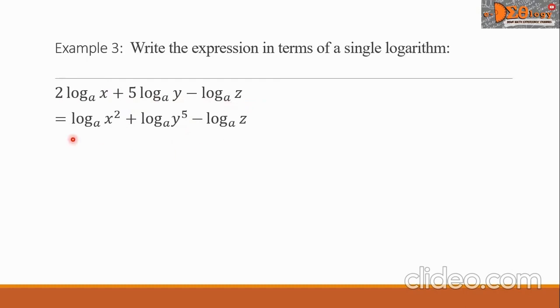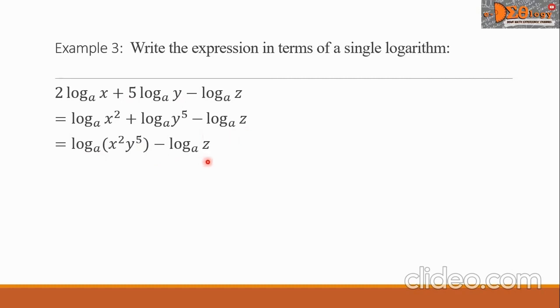Then let us combine the first 2 logs. Because of this positive sign, we can put them as a product. So we have now the log of the product x squared y raised to 5 to the base a. And this log of z to base a, we just simply copy here.